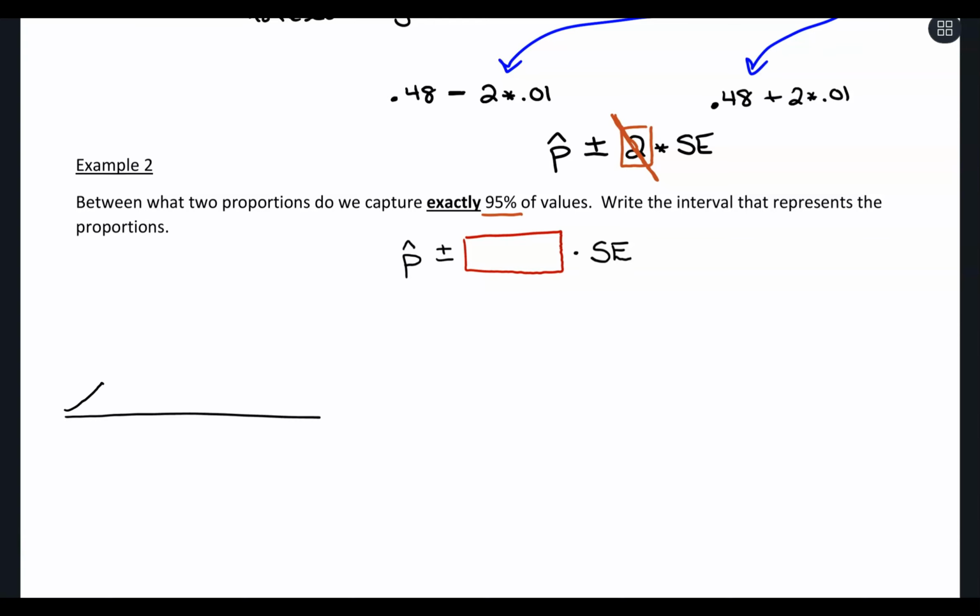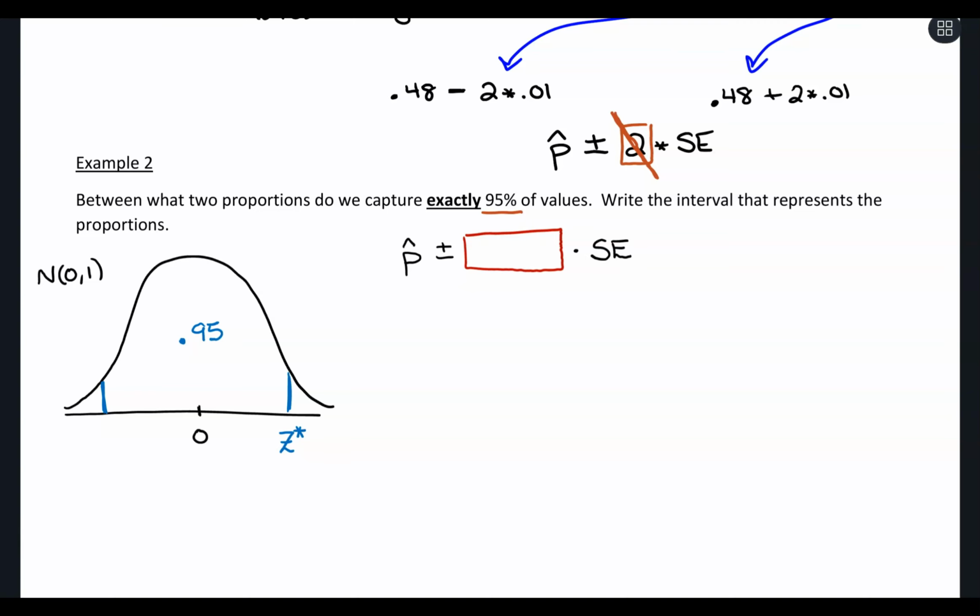And that cutoff that centers that 95%, that is going to be our critical Z-score. So we want a Z-score there that traps 95% in the middle. Now on the left-hand side, it's also over there. It's just the negative and positive version of that number because we're symmetric across 0. So what we want to do is find that critical Z-score, and once we find that, that will replace this number of 2. So we're expecting a value close to 2 here is the idea.